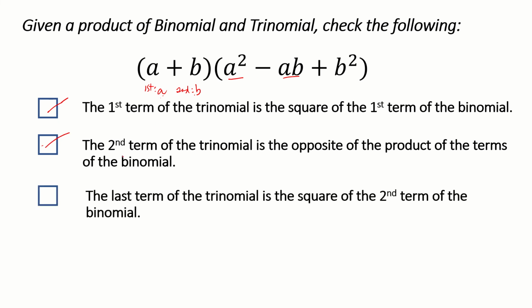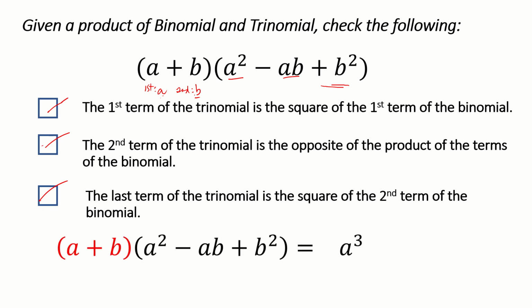Then finally, the last term of the trinomial must be the square of the second term of the binomial. The second term of our binomial is b, and the square of b is b squared. And that's our third term here, positive b squared. So if that is a yes, all of the three conditions will be true to the given binomial and trinomial.